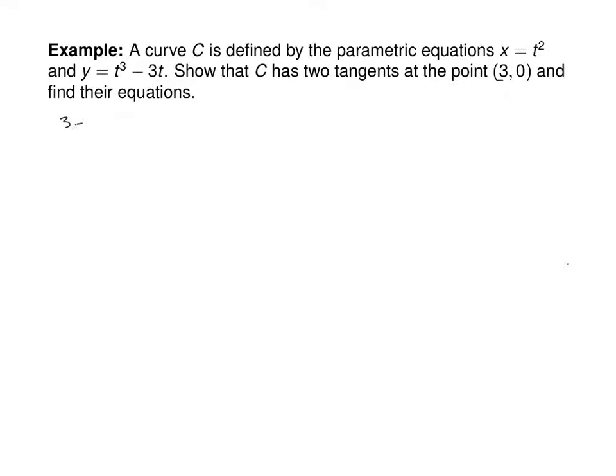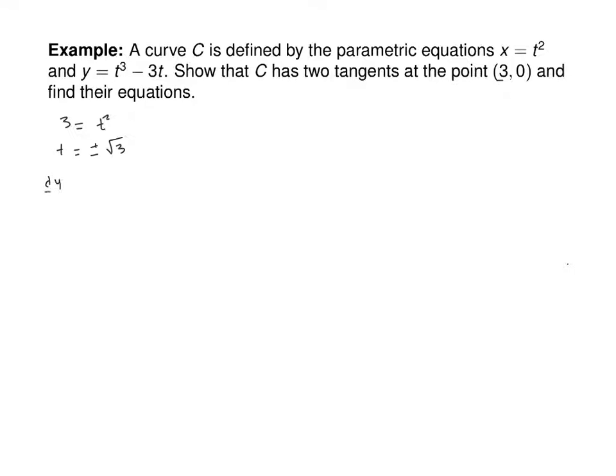So 3 is equal to t squared, which means this 3 arises when t is both positive and negative square root 3. So for each value of that parameter, you could get two different equations. You possibly could get equations of tangent lines that have different slopes, or different intercepts as well. So let's find those equations.